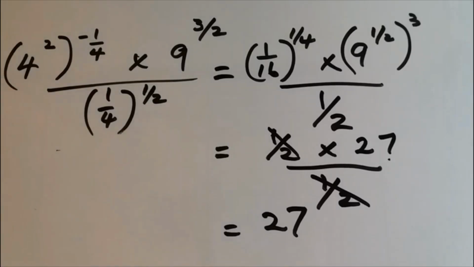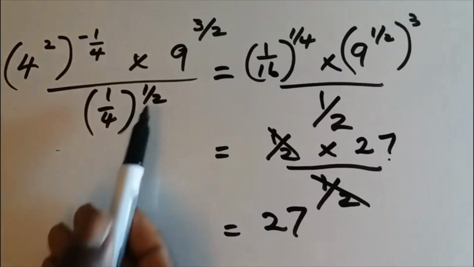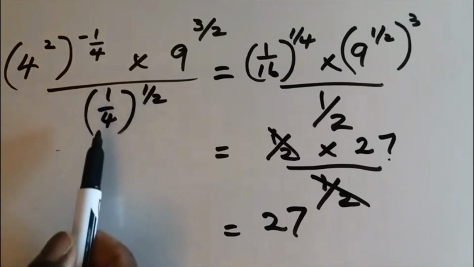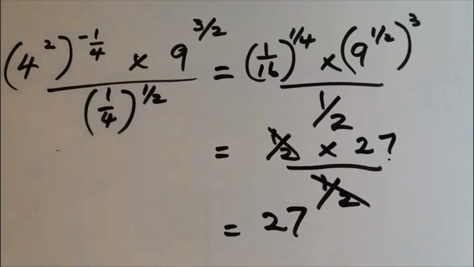In fractions you take the square root of the numerator and also the square root of the denominator. This half, or this square root, applies to both numerator and the denominator. And that gives you a half. Cancels with a half from this expression, and we're left with 27.